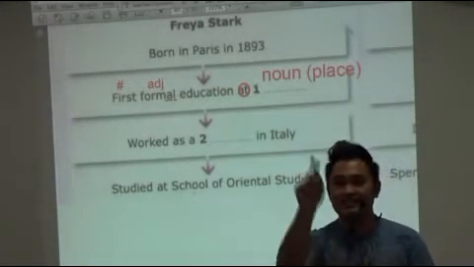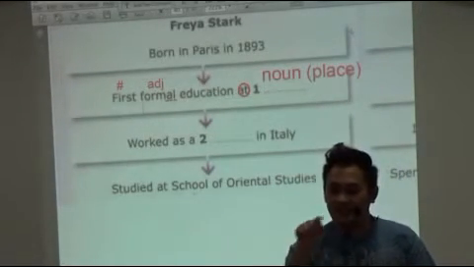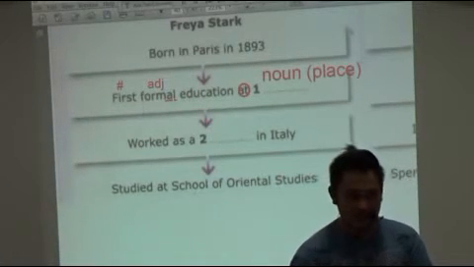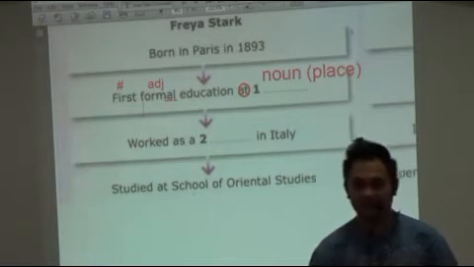I'd like you to now scan. Can you find some word that means formal education? I'll give you about 5 seconds to do that. Ready? Start.